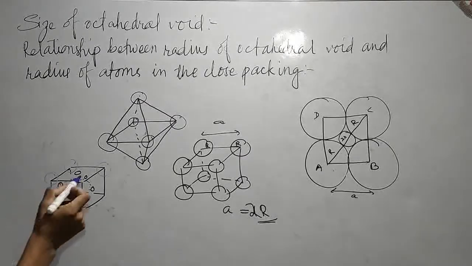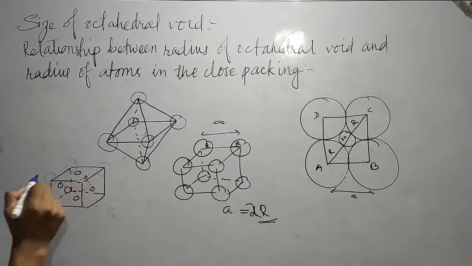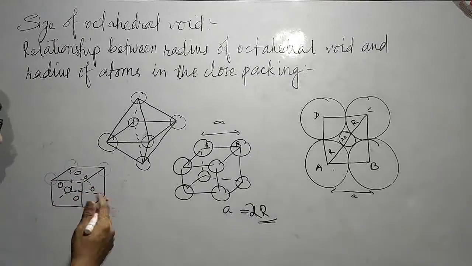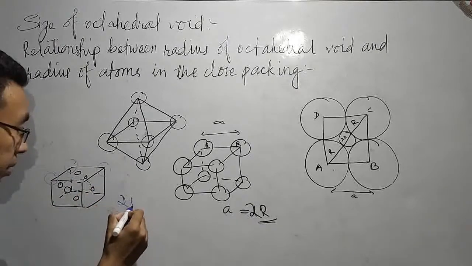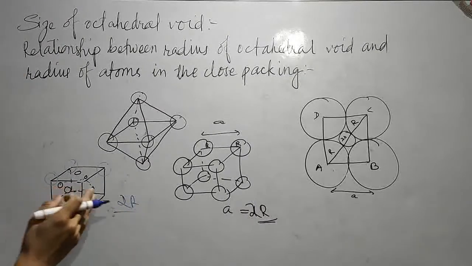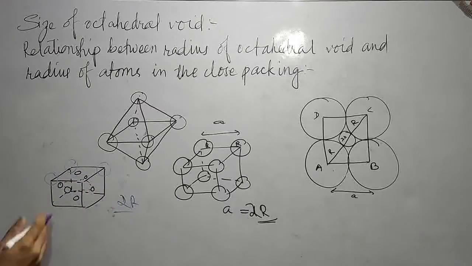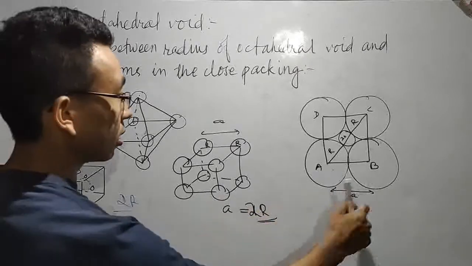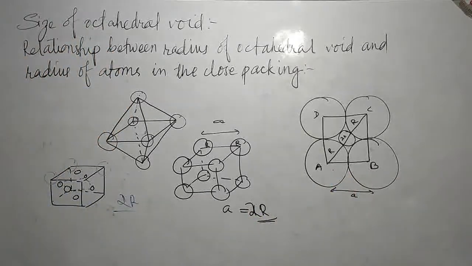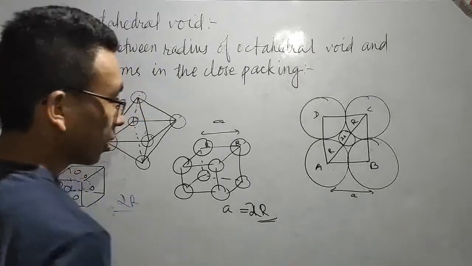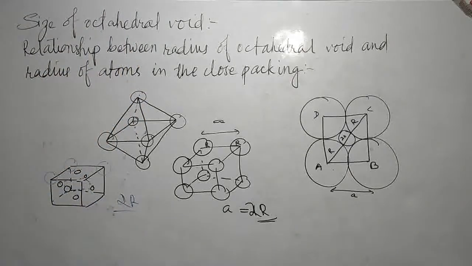So the distance between any 2 adjacent atoms will always be 2R. Yes or no? And that 2R is the edge length of the unit cell. So that's why here also the distance between any 2 adjacent atoms will always be A, which is the edge length of the unit cell.